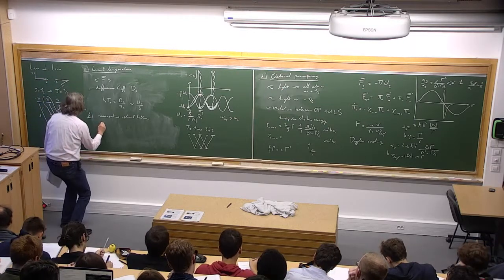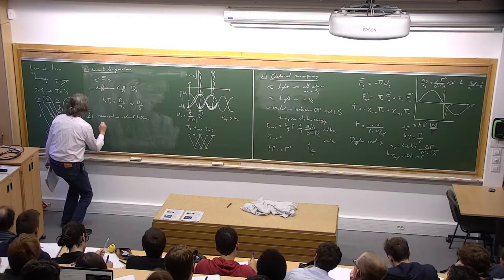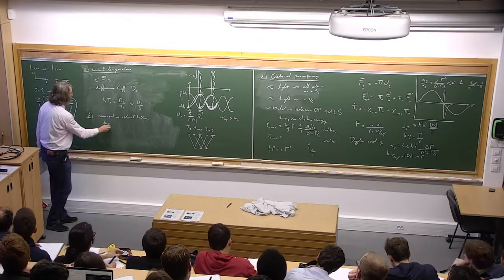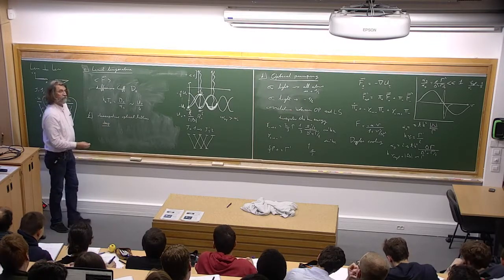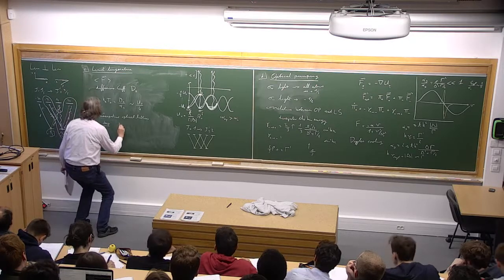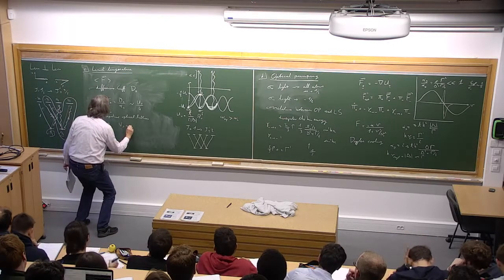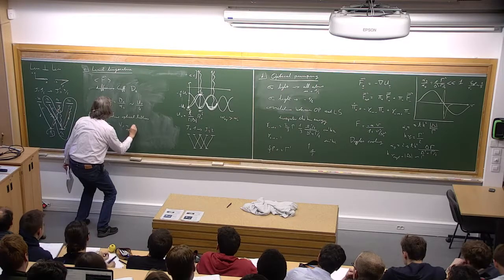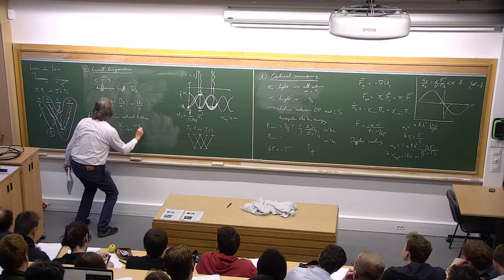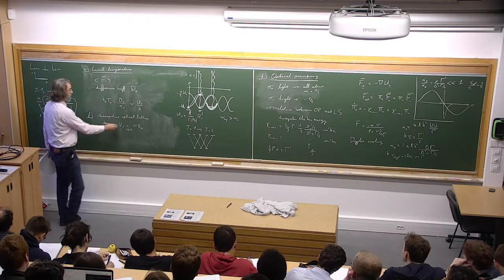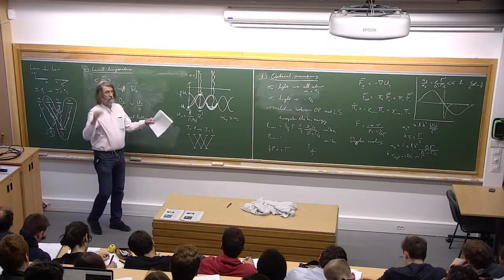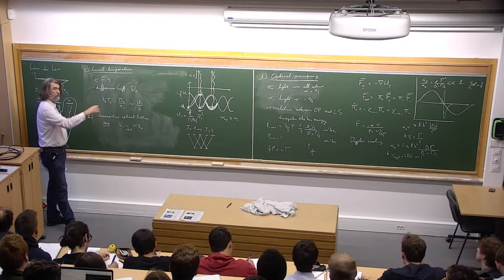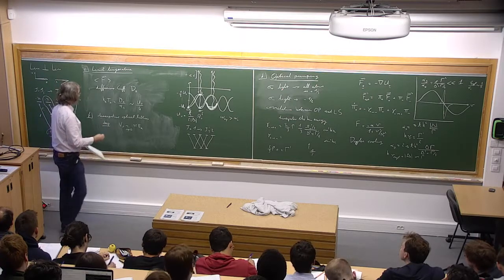But another difference is that usually our dissipative lattices can be very, very deep. You remember Helen's V naught goes up to 32 recoil energy.